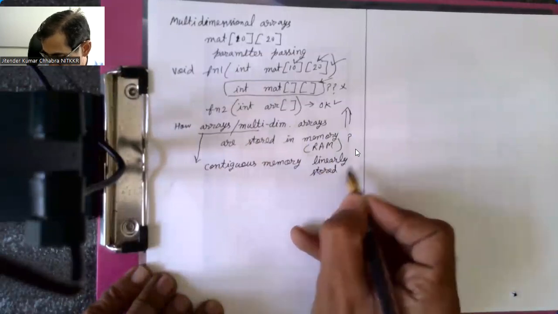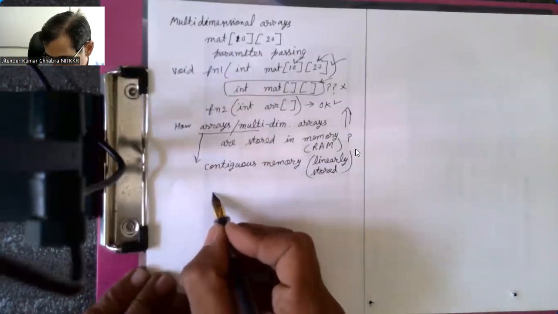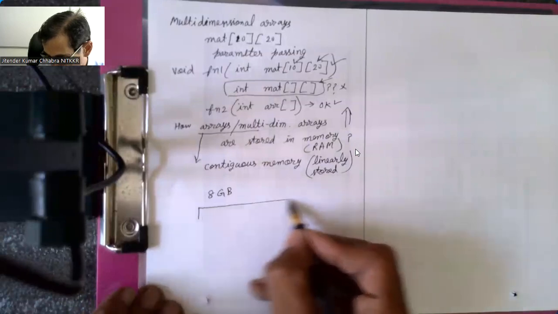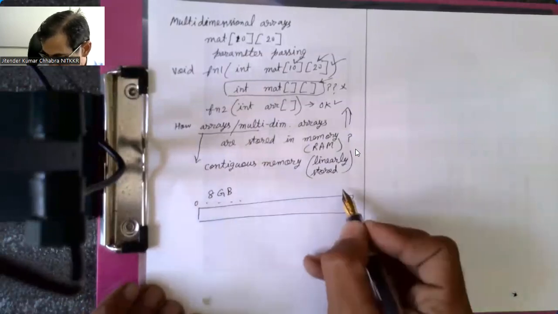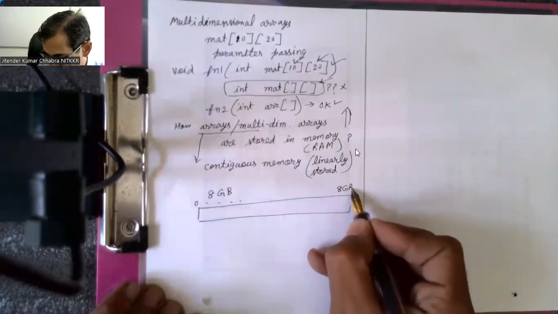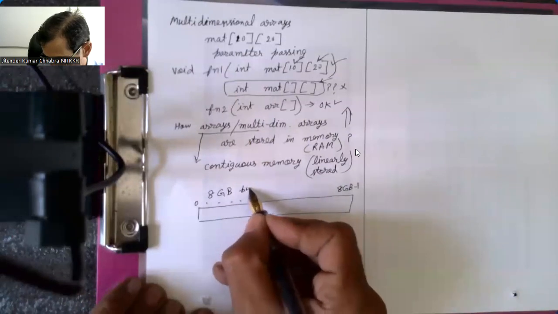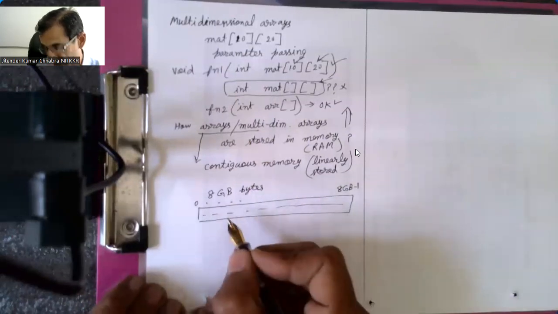So effectively there are now multiple dimensions. I have a memory, like if you say I have 8 GB memory. Effectively the memory is stored at addresses, from 0 to 8 GB minus 1 address. So all these bytes exist, and this is a linear array of this much size.